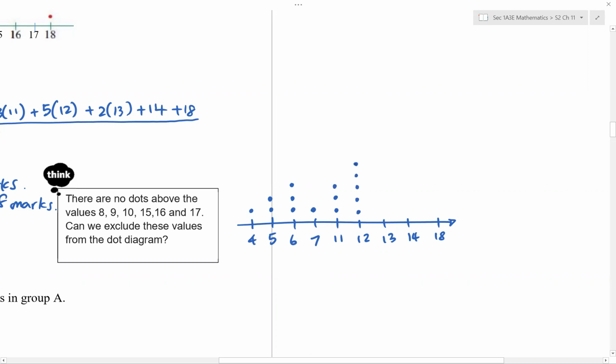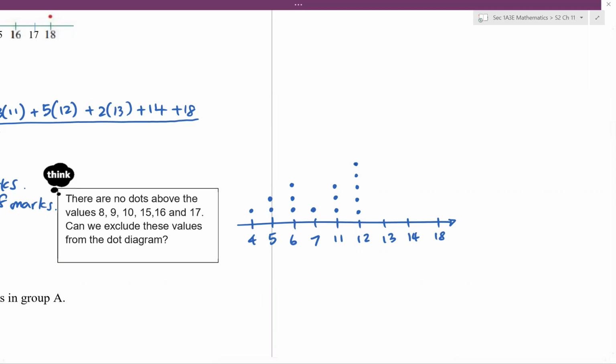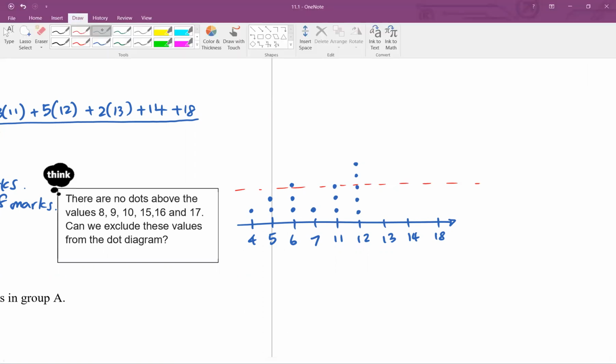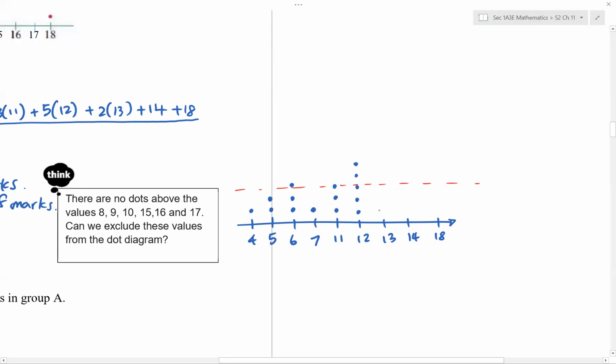Please make sure your spacing between the dots is also consistent. For example, 3 dots should be at the same level, okay? So that you have the correct pictorial representation, or visual representation. So 2 dots for 13, 1 dot for 14, and 1 dot for 18.